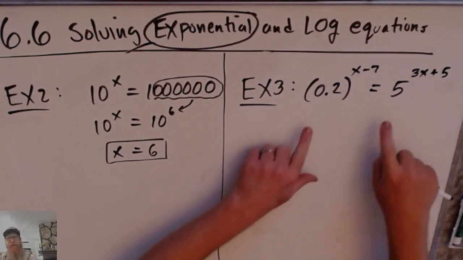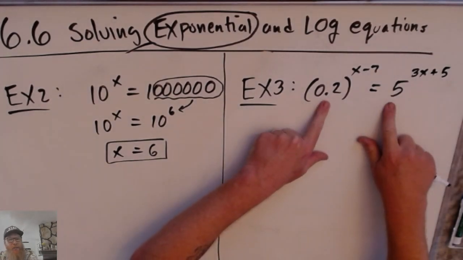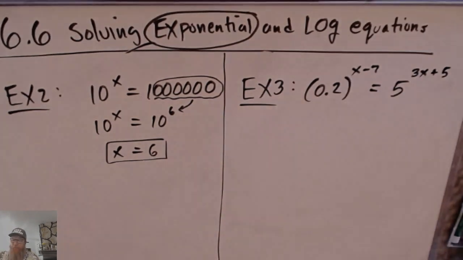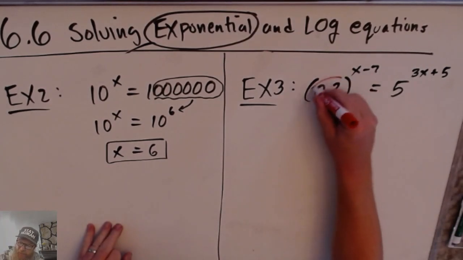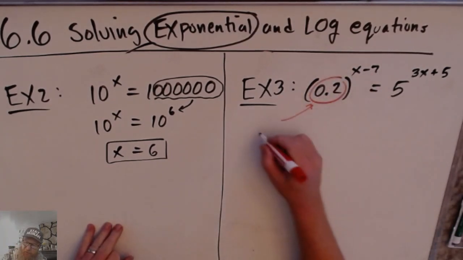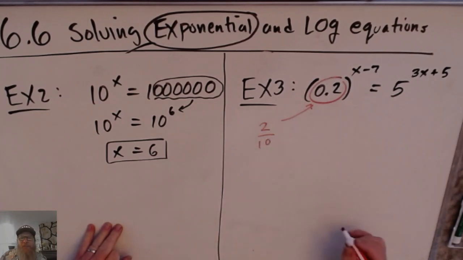We're already getting into the thick of it here. It does not appear that these have the same base. But you have to use a little bit of arithmetic sense. 0.2 is 2/10.